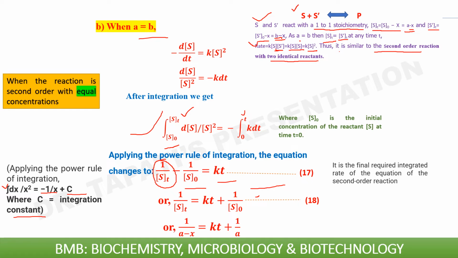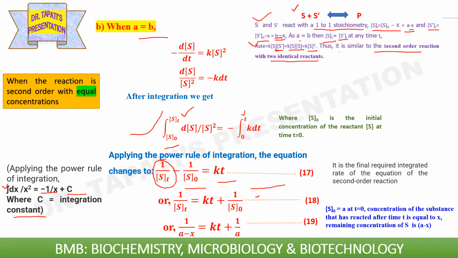Or we can write 1 by A minus x equal to Kt plus 1 by A. In that case, S0 is equal to A at T equal to 0, and the concentration of the substance that has reacted after time T is equal to x. So the remaining concentration of S is A minus x. That means St value is A minus x, and 1 by S0 value is 1 by A.